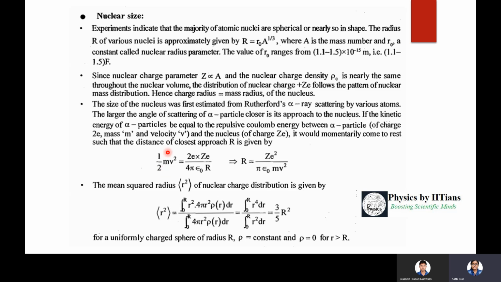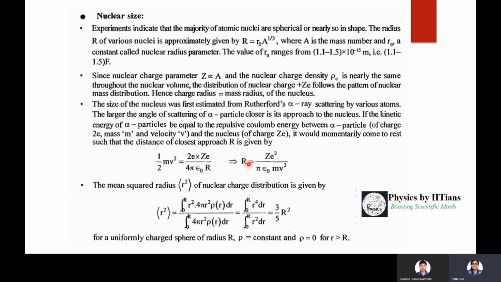So if we take the energy of that scattered particle, the kinetic energy is half mv square. At the maximum repulsion, the kinetic energy equals the potential energy, so half mv square equals 2e, that is the charge of the helium nucleus or alpha particle, into Ze, that is the charge of the nucleus, plus Ze, divided by 4 pi epsilon naught r, where r is the distance of the closest approach.